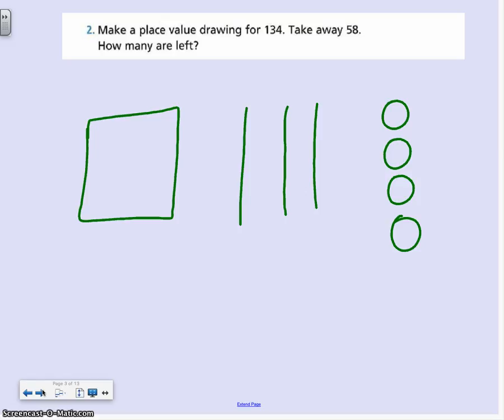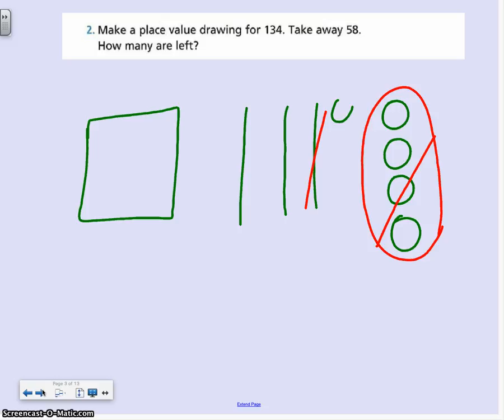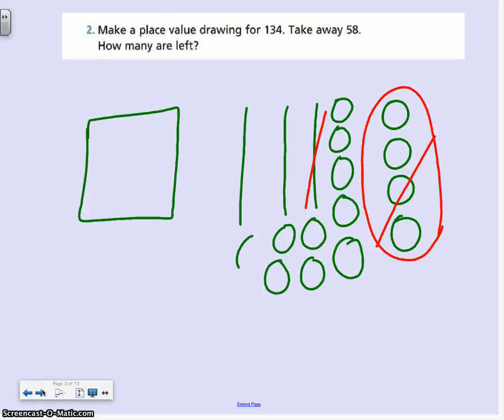So now, Miss Anderson, if I'm taking away 58, what would I do? Well, you could take away 4, but you still need to take away 8. So I think that you should get rid of one of your 10 sticks and turn it into 1. So I'm going to add 10 more 1s, not only 4, but we have to add all of those 1s again.